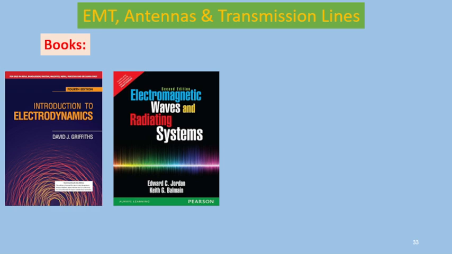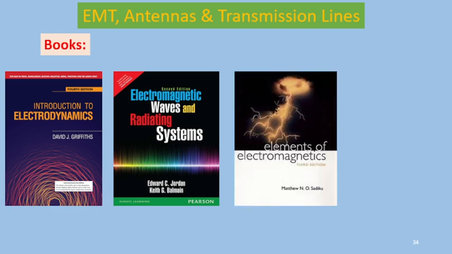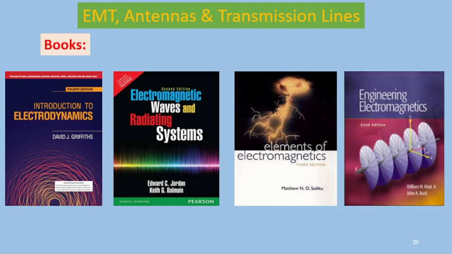Another book I can suggest is Elements of Electromagnetics by Sadiku. This is also a very nice book, and you will get all the things here, including transmission lines. And one more book I can suggest is Hayt and Buck. Any book you can follow, these are all good books.